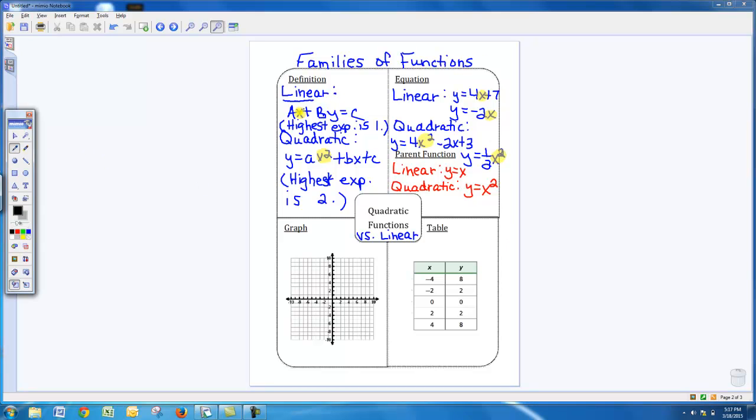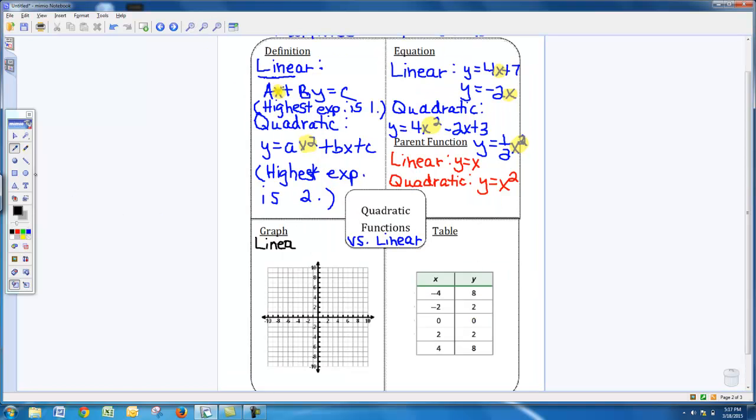So how are the graphs different? A linear graph is always a line. Okay, so the graph of a linear function is always a straight line.